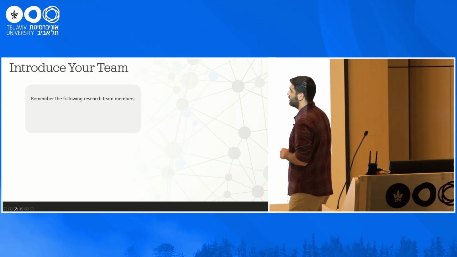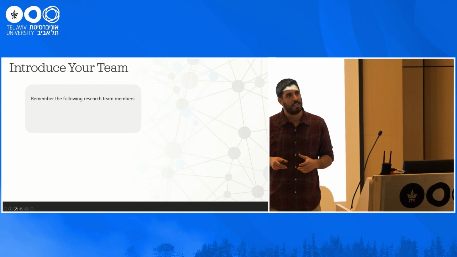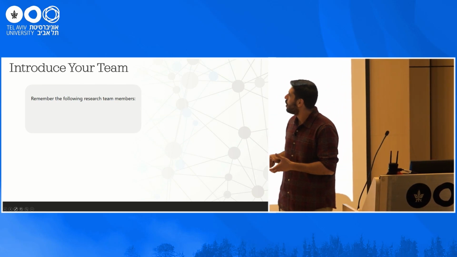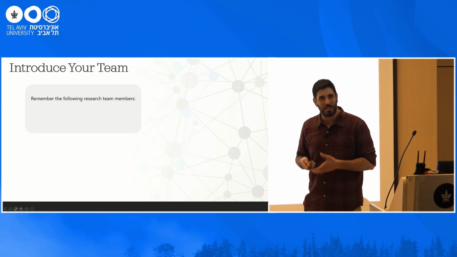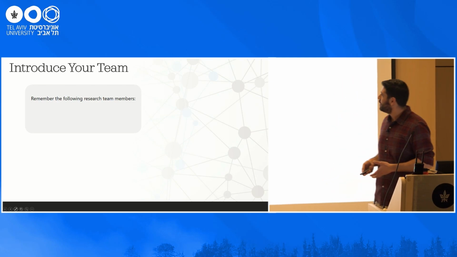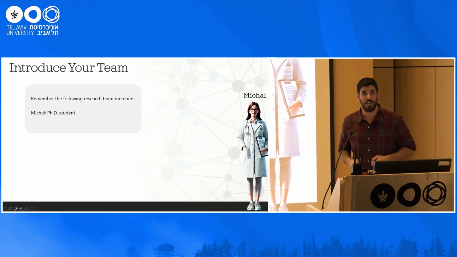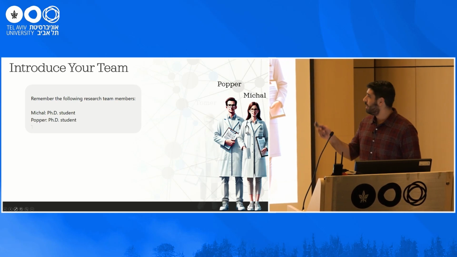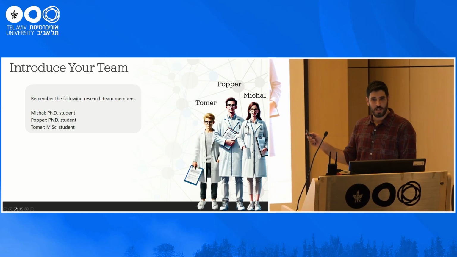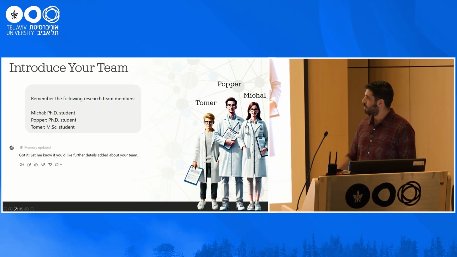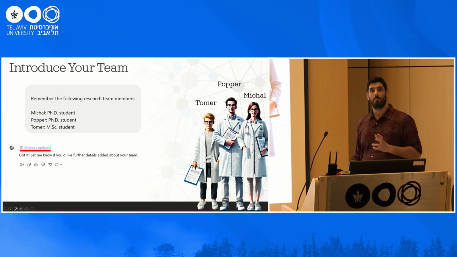Another cool thing is that you can introduce the group, the people that you are working with, to the chat. So for example, I tell it, please remember the following research team members. Michal is a PhD student, Popper is a PhD student, and Tomer is also a PhD student. So it tells me that it will remember it, memory updated. And then you can choose people to ask about their progress, or what if you forgot something that they did.